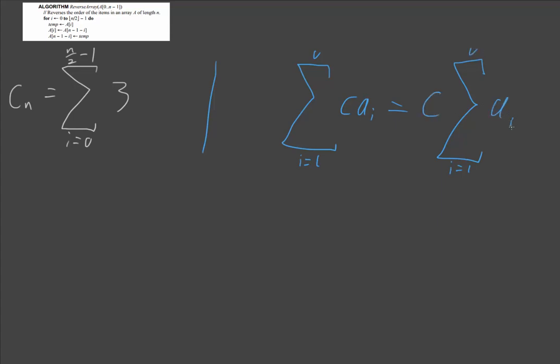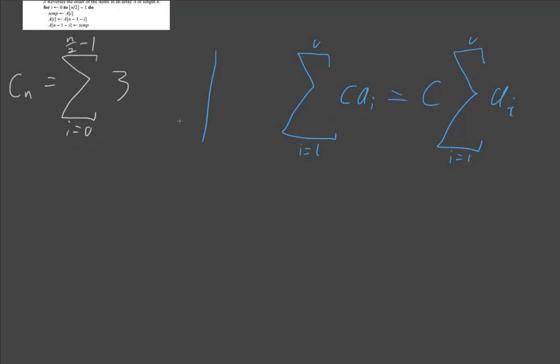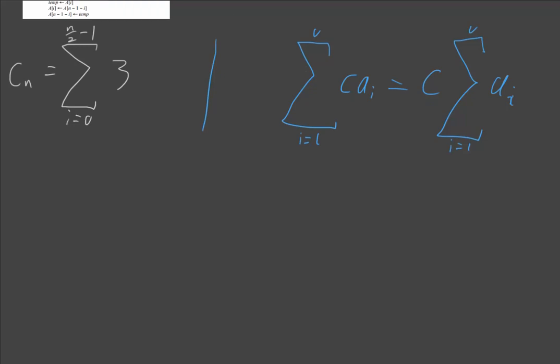You can take the c out the front when c doesn't depend on i. Then this is basically the exact same thing. Even though there's actually no i here, you can take any constant that doesn't depend on i to the front, so in our case, the 3. So unsurprisingly, you just end up timesing the entire thing by 3. If you want to keep strictly to the math, we can put the 1 out there, put the 3 out here, and keep i equals 0 and n over 2 minus 1.